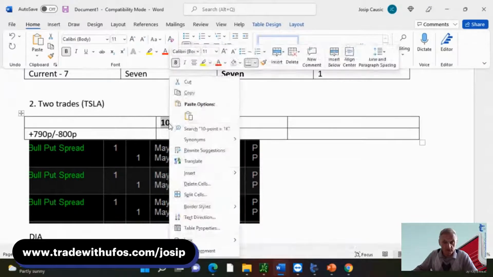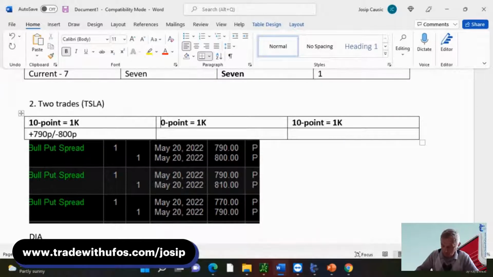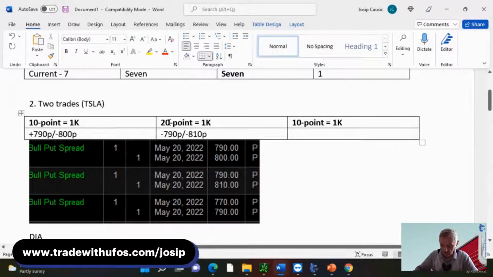The other one is a 20 point wide. So this is now the 20 point wide. The 20 point wide still involves buying the 790 put, but selling the 810 put. So that would then risk not the $1,000, but what? $2,000. Oh, this is also 20.